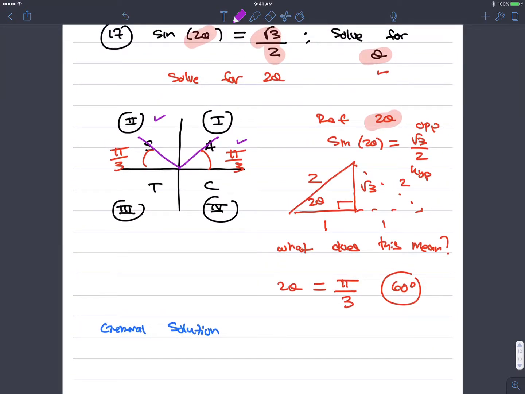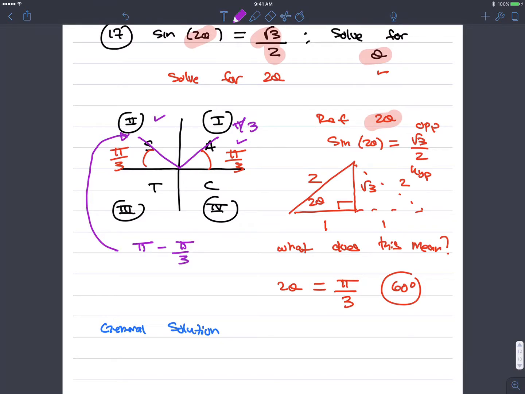So I can say to you, first of all, this angle here is pi over 3. And what is this angle in quadrant 2 going to be? How do we get the quadrant 2 angle here? Let's do the work right here. Isn't this going to be pi minus pi over 3 for a quadrant 2 angle, this one here?